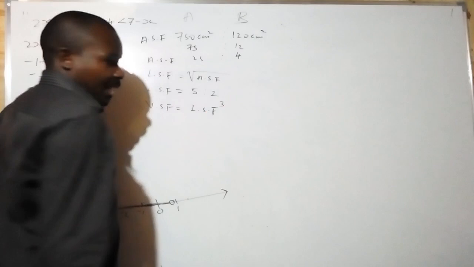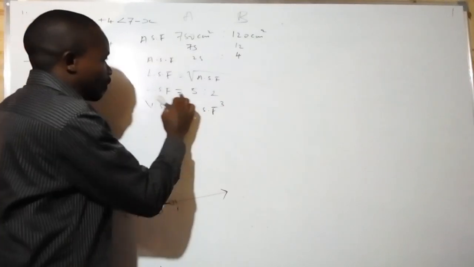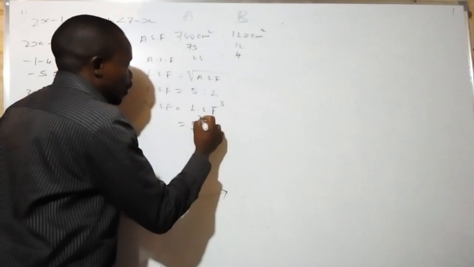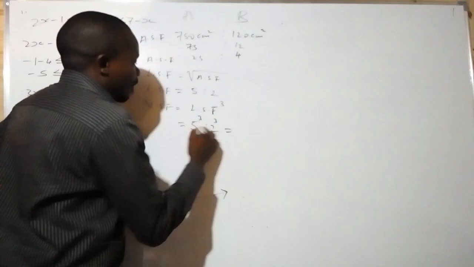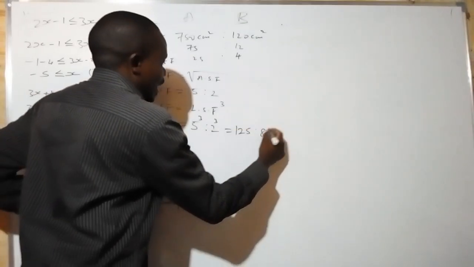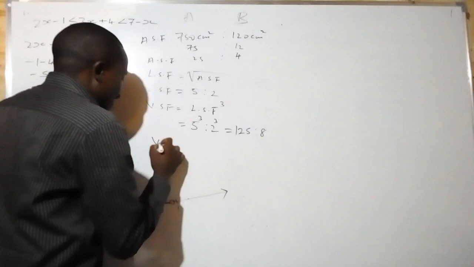We are going to say 5 is to 2 cubed. 5 cubed is 125. 2 cubed is 8. Volume scale factor is 125 is to 8.